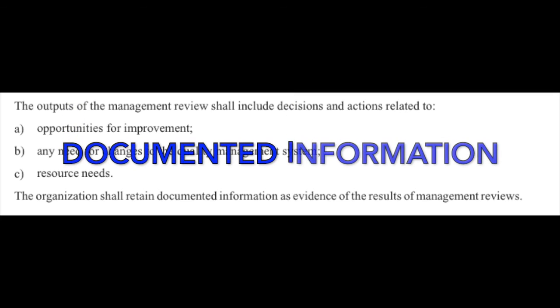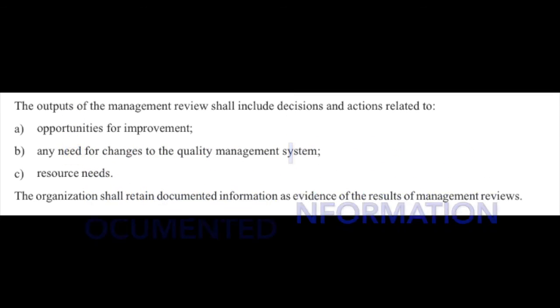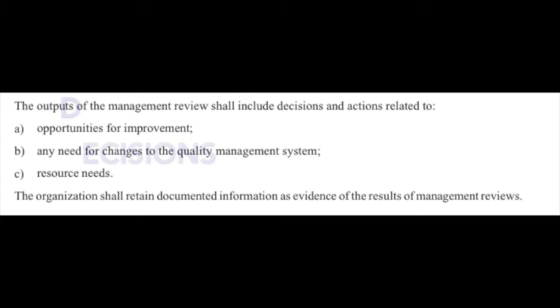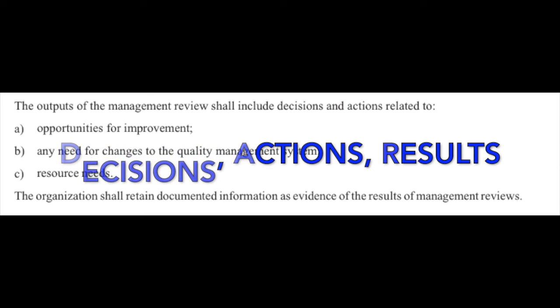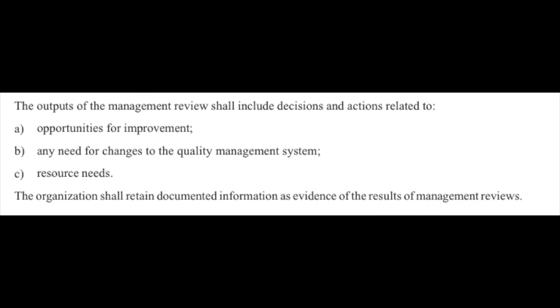The organization must retain documented information as evidence of the results of the management review. Not only must there be a record that the management review took place, but more importantly, the decisions, actions, and results of the management review must be retained as documented information.